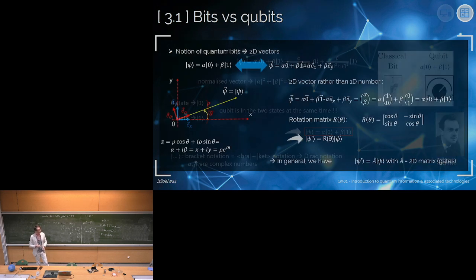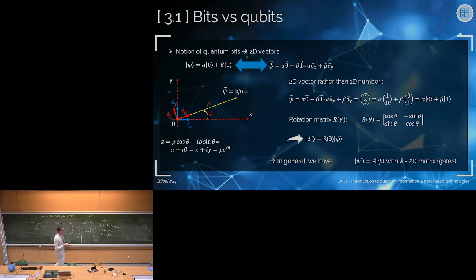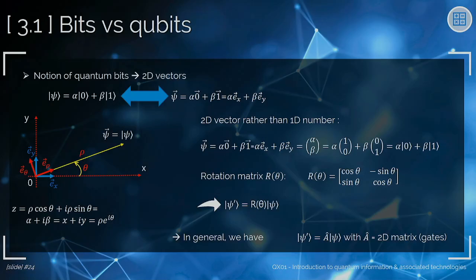They are complex. Therefore, if it's a 2D vector, we can apply 2D matrices, not any kind of matrices. As you can see here, there is a small hat on this matrix A, and that's because it has a significance. I'll tell you afterwards. And we can do any operations, and in particular, any gate applied to a qubit.